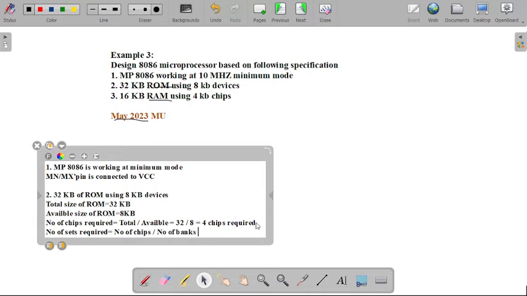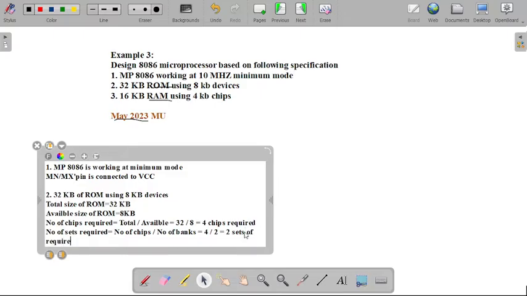So there are a total of 2 banks available, which are called memory banks. First one is the even memory bank and the second one is the odd memory bank. And we got the number of chips equal to 4. So I am writing here 4 divided by 2 is equal to 2. So 2 sets will be required for our ROM structure.